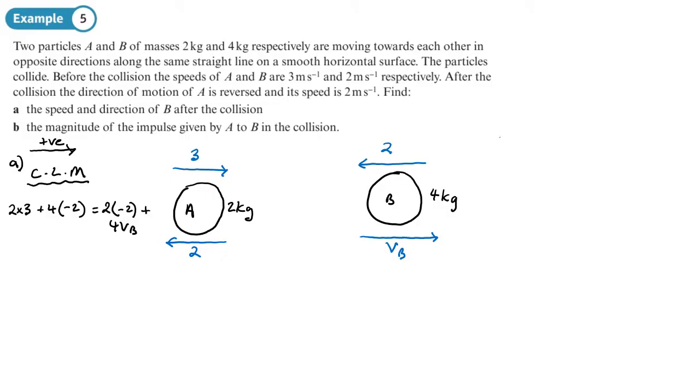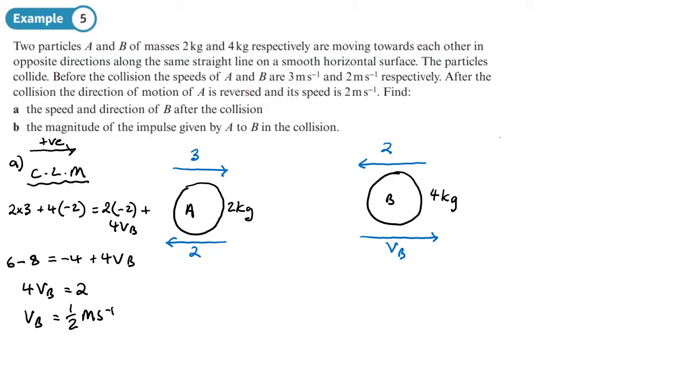Right, let's work that out. So we've got 6 minus 8 equals negative 4 plus 4 VB. So 6 minus 8 is negative 2, then I'm going to be adding 4, which is going to be 2, so I've got 4 VB equals 2, VB equals 2 divided by 4, which is a half.